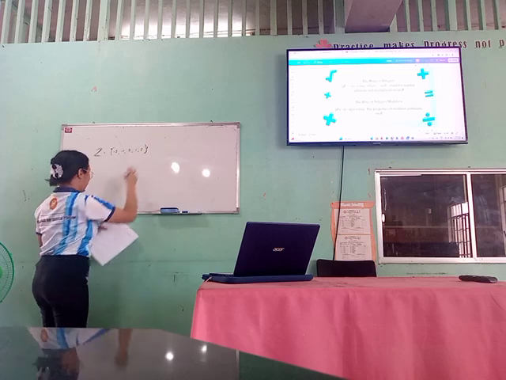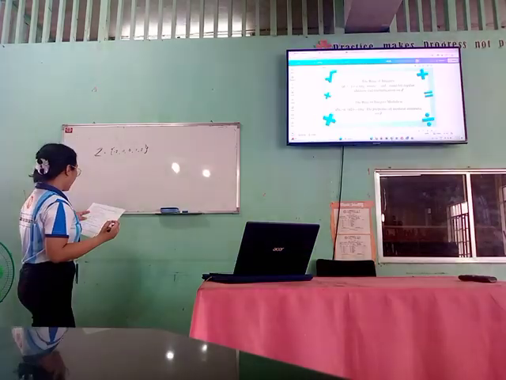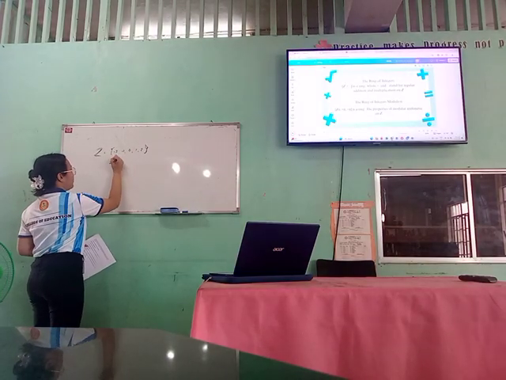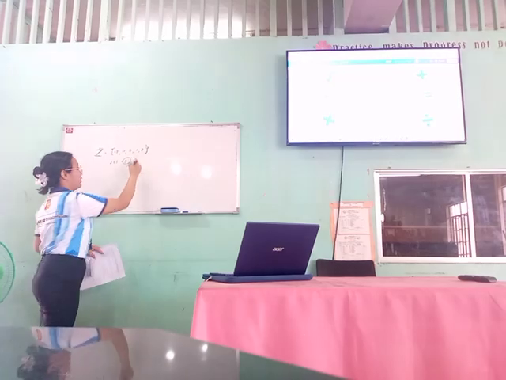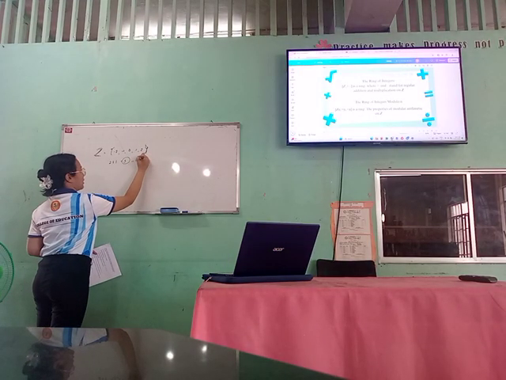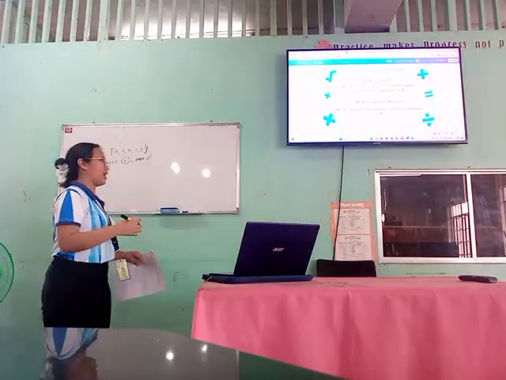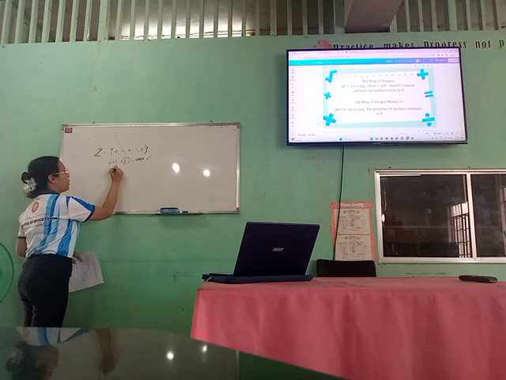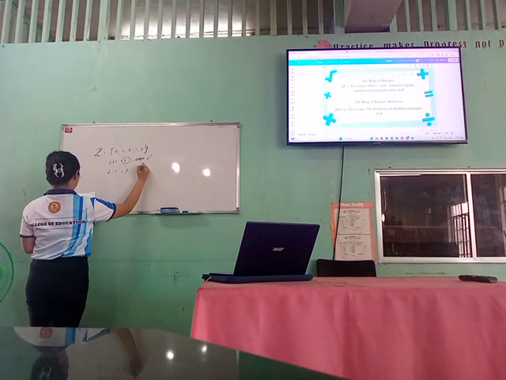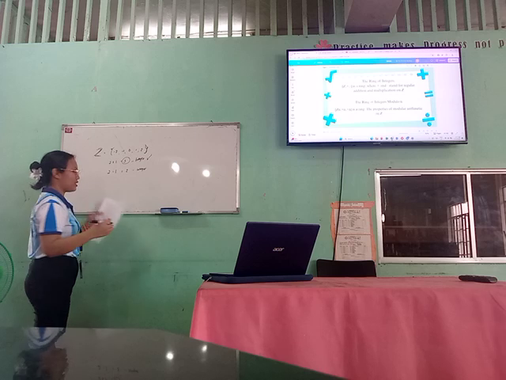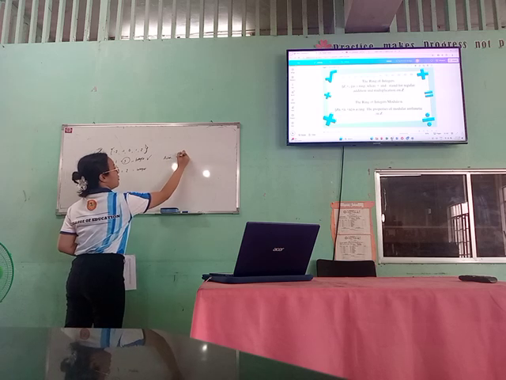First, with regular addition, for example, 2 plus 1 is equal to 3, and 3 is also an integer. Next we test it under regular multiplication: 2 times 1 is equal to 2, and 2 is also an integer. So the first axiom is now satisfied.